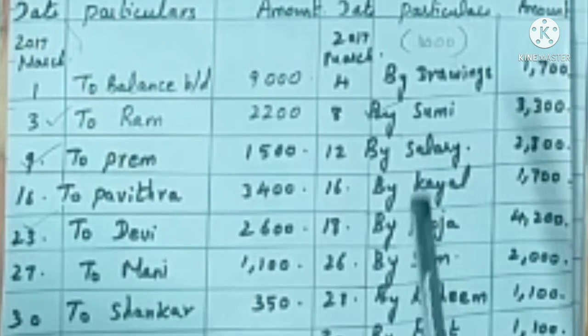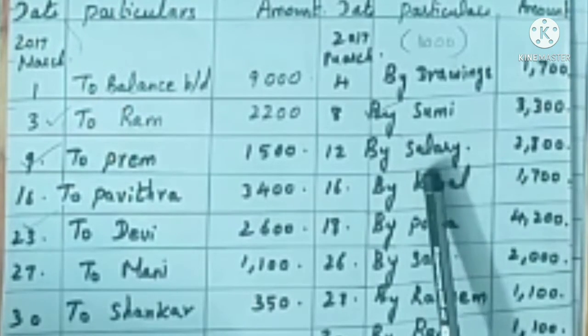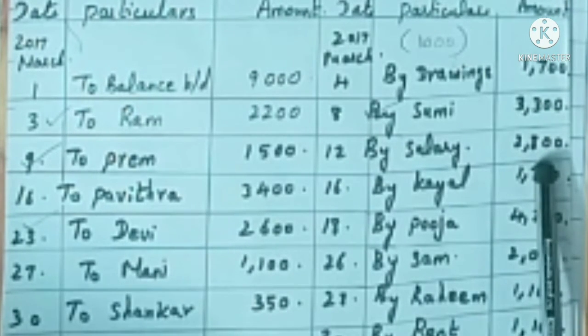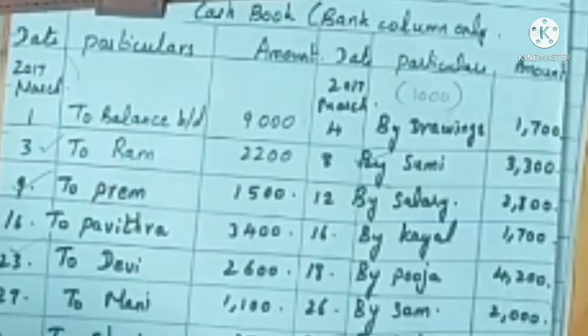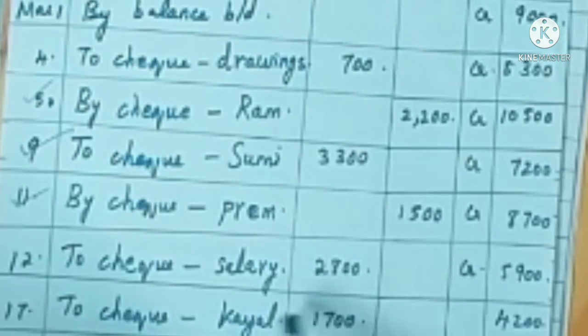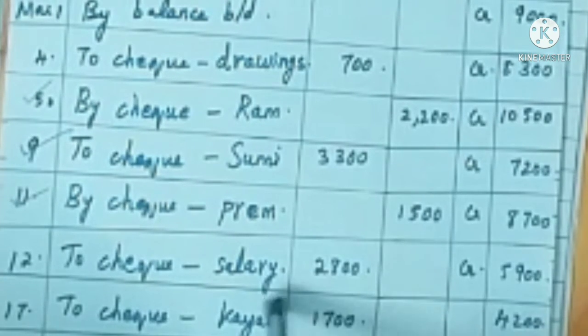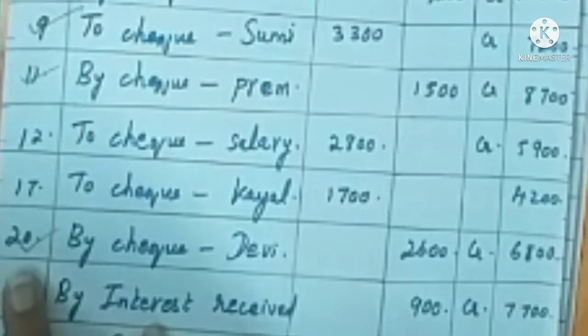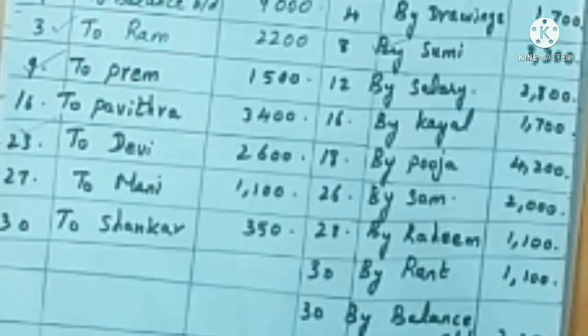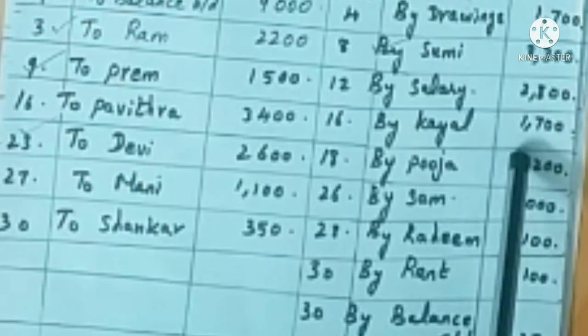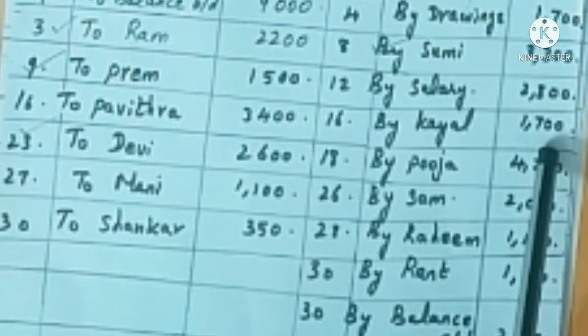Okay, now let's see whether salary rupees 2800 is debited in passbook. Here, to check salary rupees 2800 is debited in passbook. The next one is by Kayal 1700 is credited in cash book.